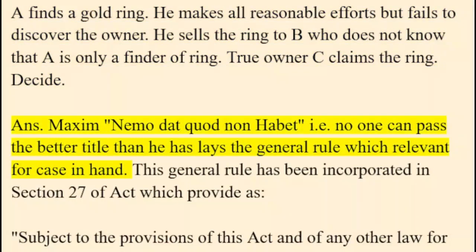Decide. Ans. The maxim nemo dat quod non habet, i.e., no one can pass a better title than he has, lays down the general rule which is relevant for the case in hand.